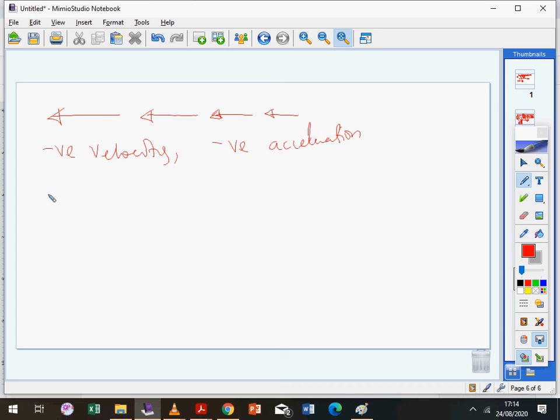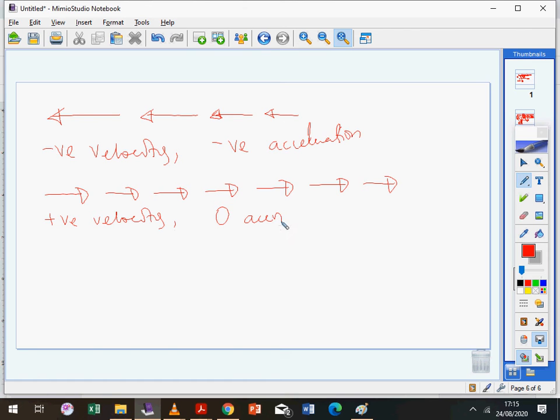Another case could be this. Now the intention is to draw all these arrows equal. So it has a positive velocity, yes. What about acceleration? Since the arrows are not changing, that means the velocity is not changing, so its acceleration is 0.